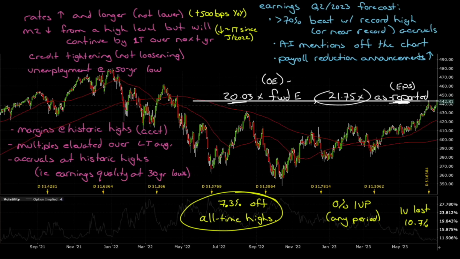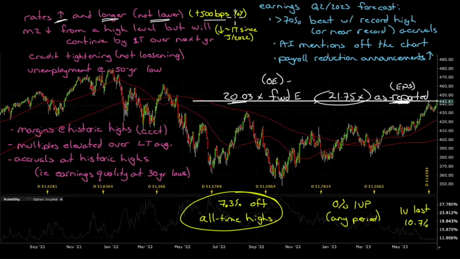And you find another point in time where we have these market conditions, and then you can say something. Rates are going up and they're going to be there for longer. They're not going lower. We're up 500 basis points year over year. And find me another point in time where you're up 500 basis points where the market outperformed in the first half of the year, and then tell me what the second half of the year was.